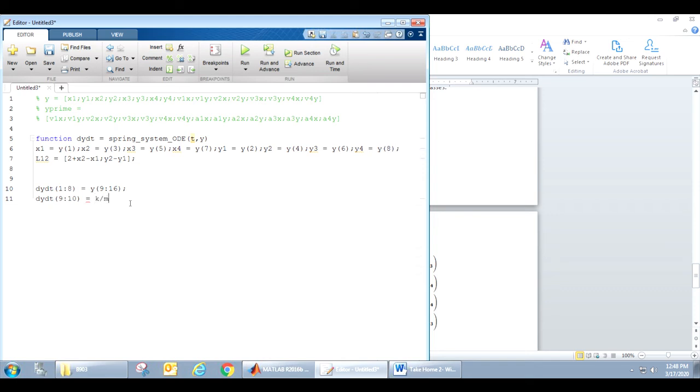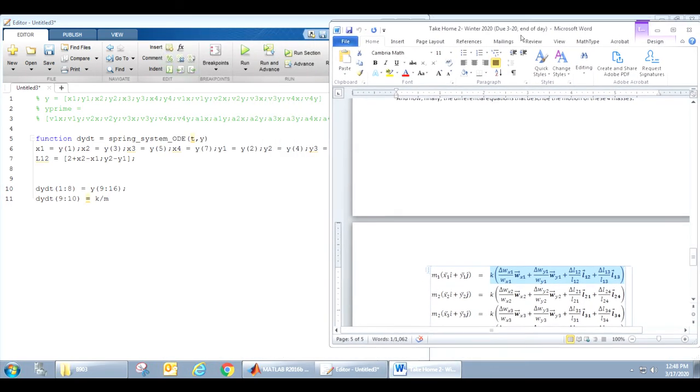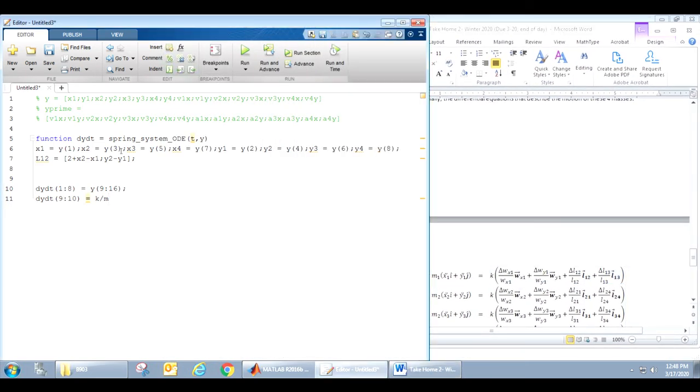That's k divided by m. Let me go ahead and make this half the screen so maybe I can do this all at once. K divided by m times, I'll call this dwx1 divided by wx1 times wx1. This is literally what my code says.